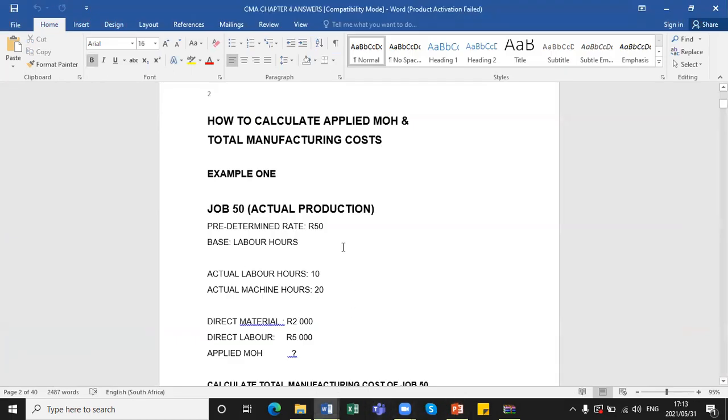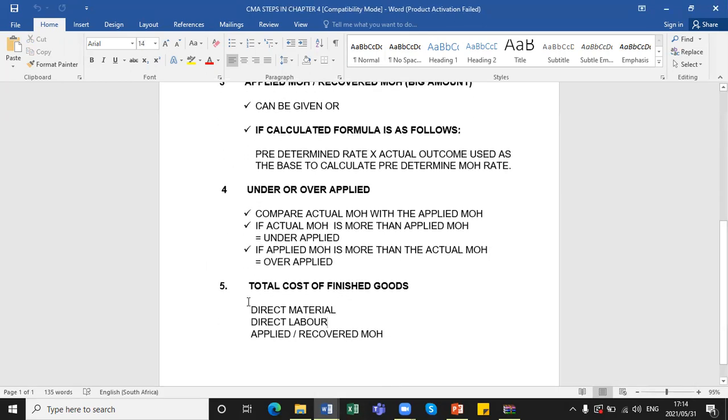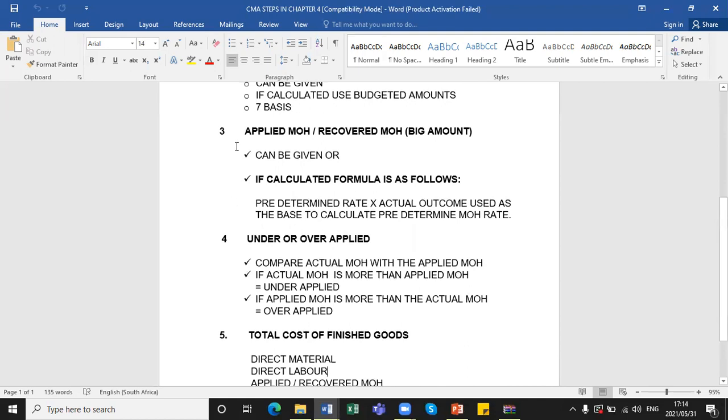What they mean is you must take the predetermined rate, which is 50, times it by the actual labor hours. Why? Because you use labor hours as the base to calculate the predetermined rate. So I want to work out actual cost of production. That means I want to work out number 5. But before I can work out number 5, I must work out number 3.